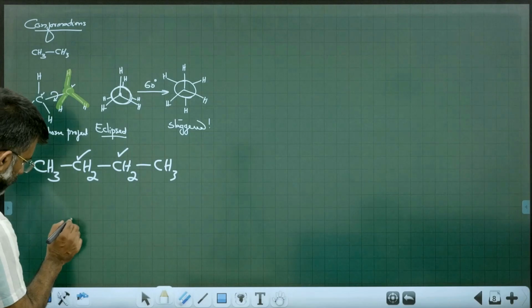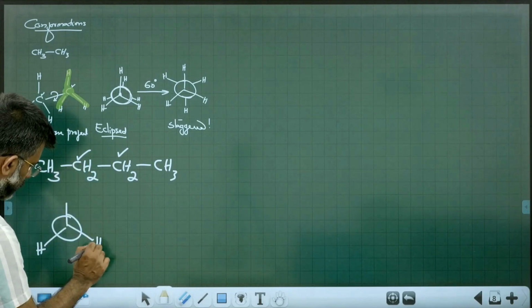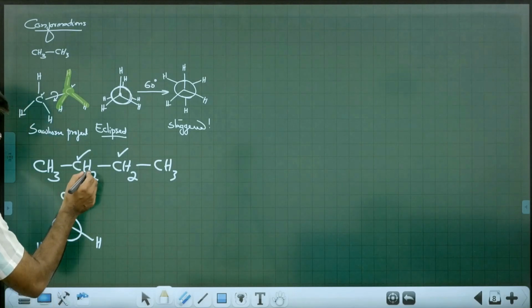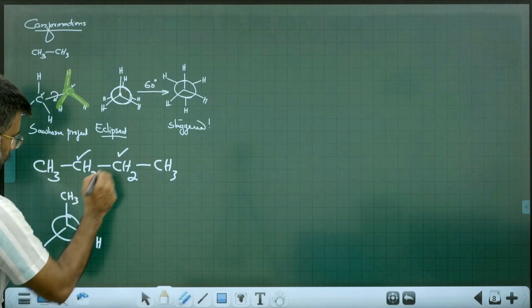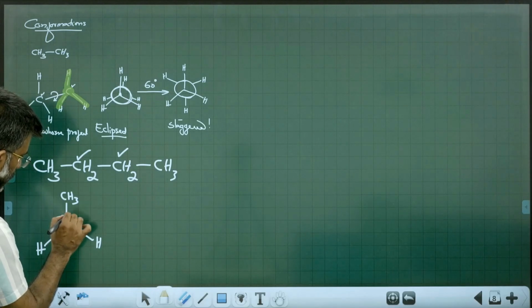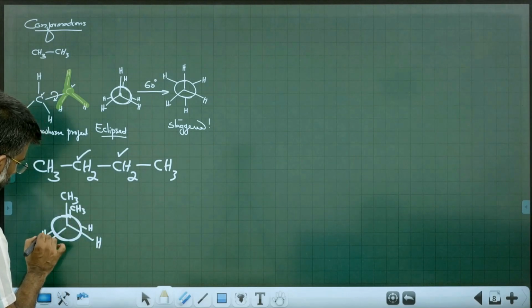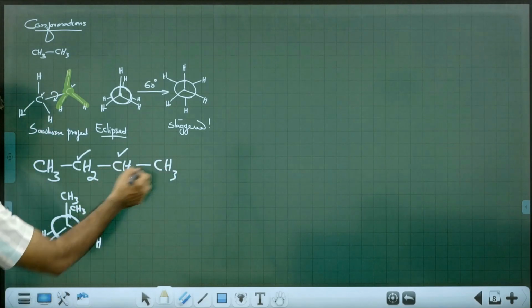You see conformation number 1. I am taking this carbon, 2 hydrogen and 1 CH3. Now this carbon behind the disk drawn, it has 1 CH3 here and 1 hydrogen, 1 hydrogen. I am taking this carbon, 2 hydrogen, 1 methyl.